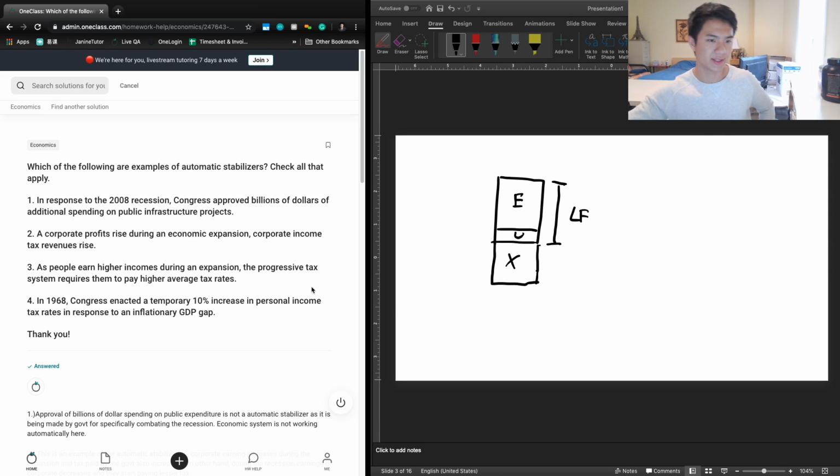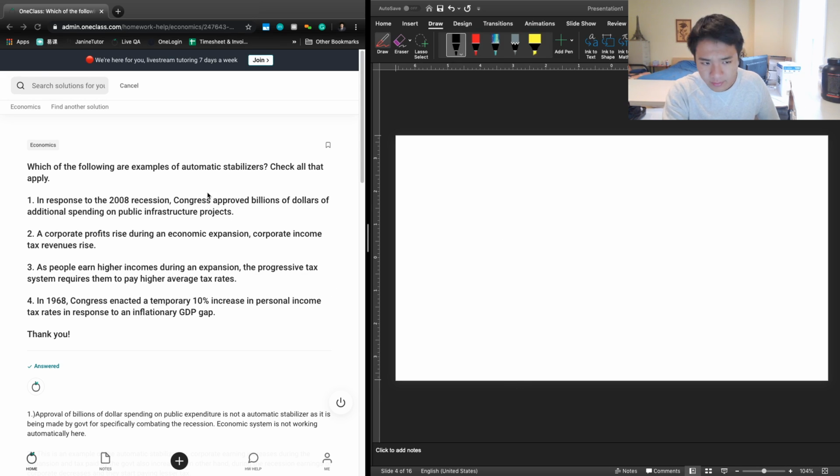So next question says, which of the following are automatic stabilizers? Check all that apply. Number 1, in response to the 2008 recession, Congress approved billions of dollars of additional spending on public infrastructure projects. Number 2, a corporate profits rise during economic expansion causes corporate income tax revenue to rise.